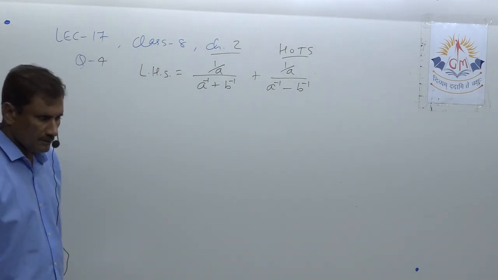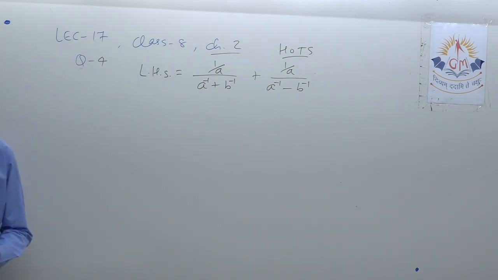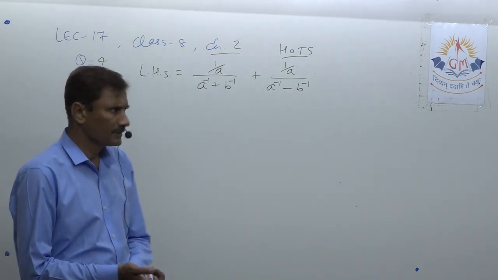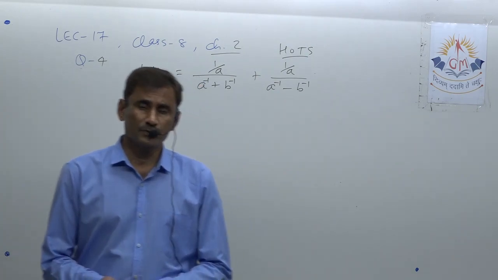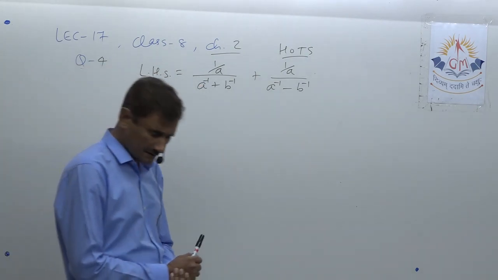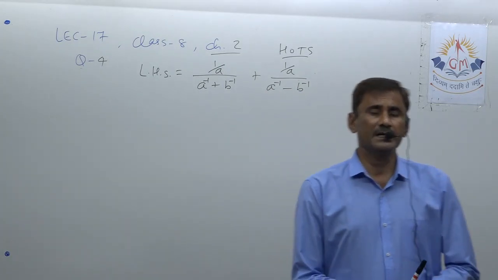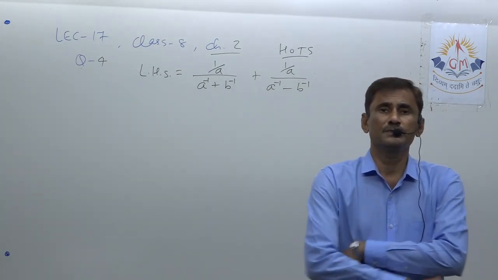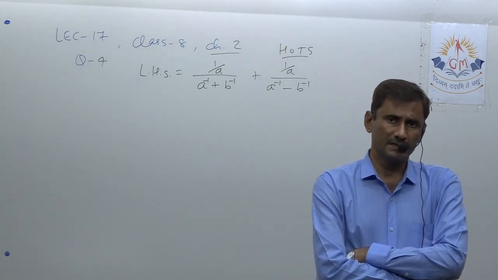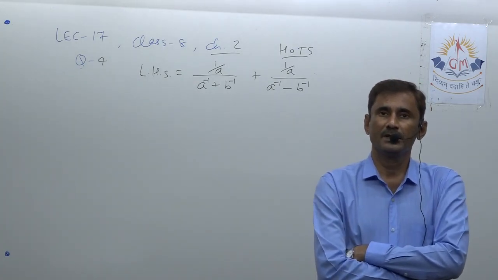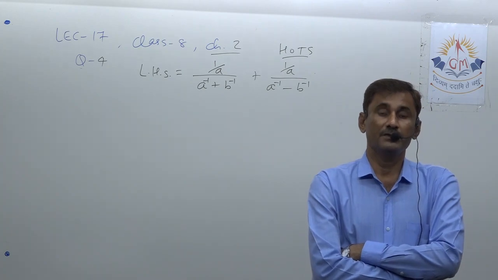Okay, and you noticed in the whole lesson number 2, in 99% of cases, we always convert negative exponents into positive ones, so that we can simplify and go ahead.